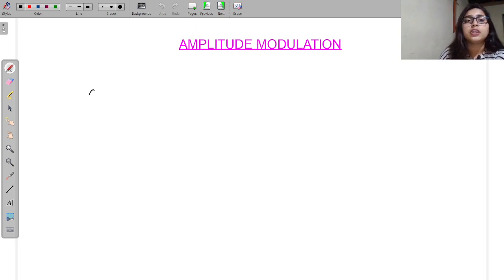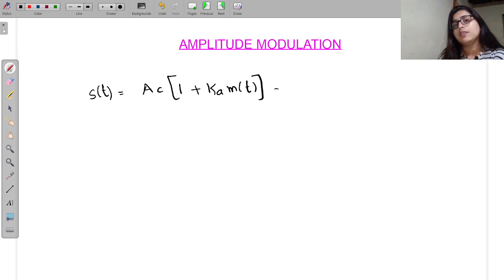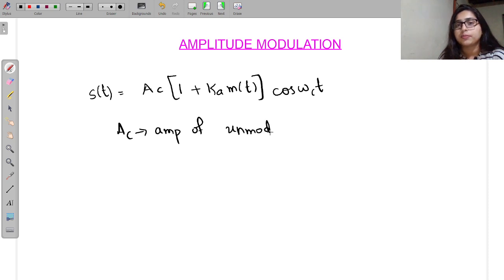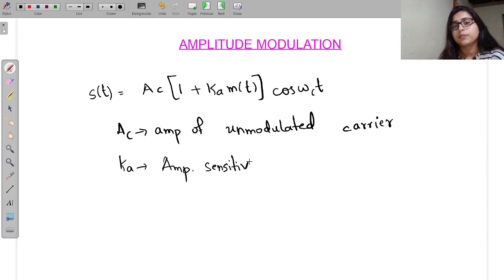The general expression is s of t equals Ac times 1 plus Ka m of t, times cos omega c t, where Ac is the amplitude of the unmodulated carrier, and Ka is the amplitude sensitivity of the modulator.